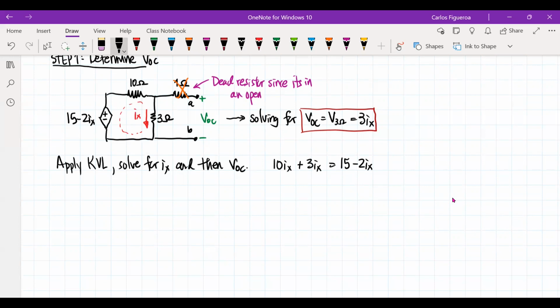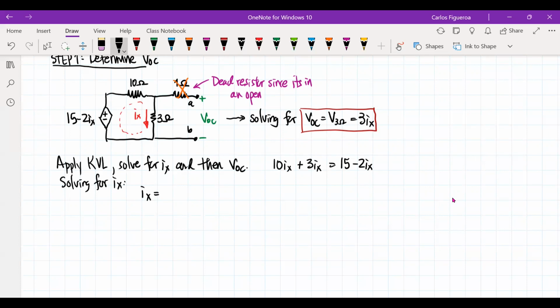So now if I solve for IX, if I bring the 2 over, I get 15IX equal to 15.